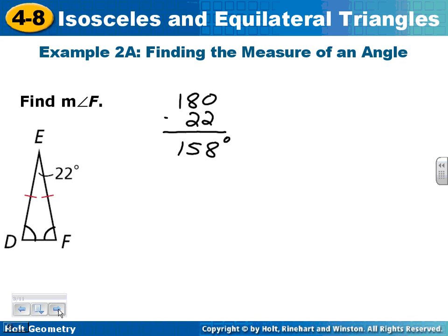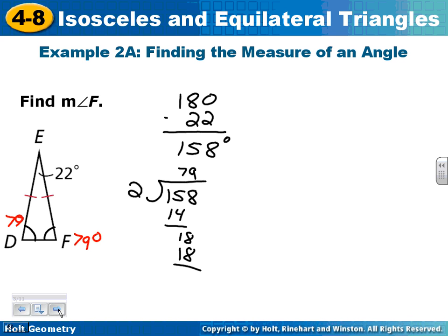I have to split that evenly between D and F, so just divide it by 2. How many times does 2 go into 158? That'd be 79. That means that angle F is 79 degrees, and angle D is also 79 degrees. It says find the measure of angle F, so my answer would be 79 degrees.